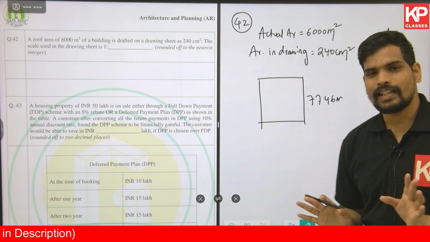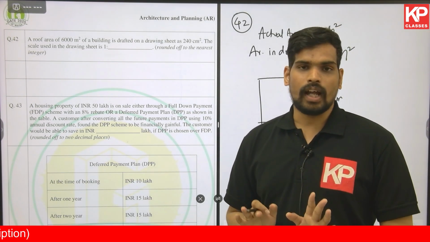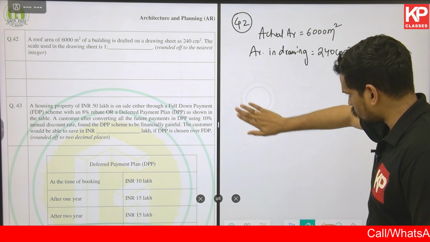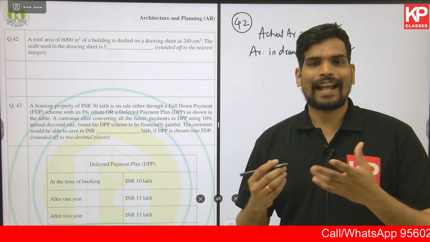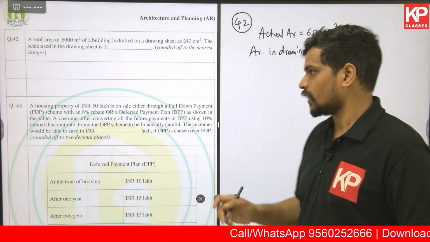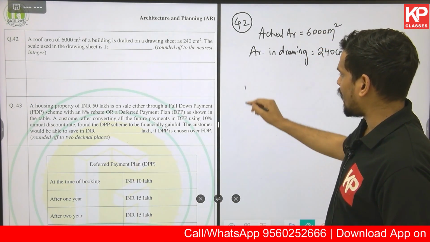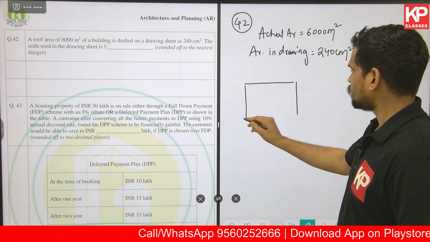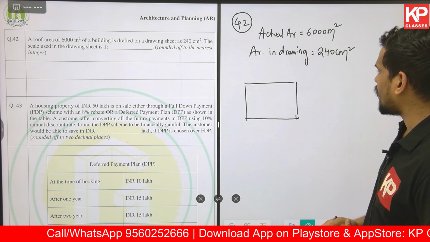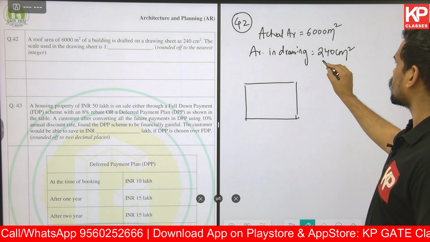Now because it is decimals, you'll get the answer even if you assume a square. You can assume any plot, square also, and solve it. But for a better calculation, let me take some plot size wherein you will not have any decimals. So if I assume this as a rectangular plot, 6,000, this is also 240, right?